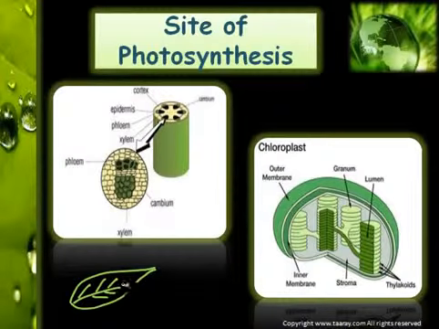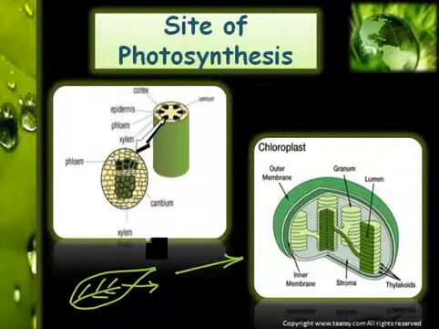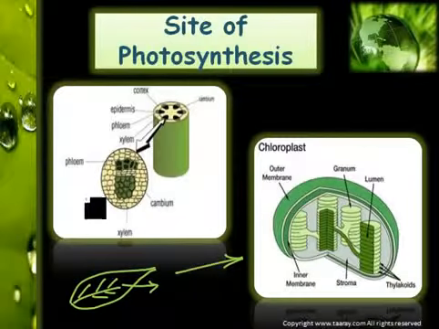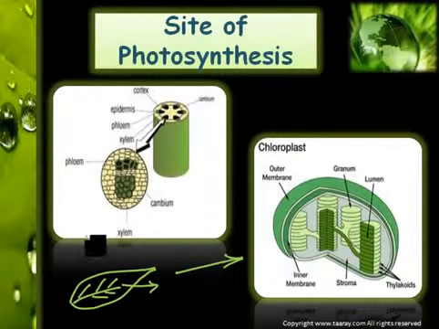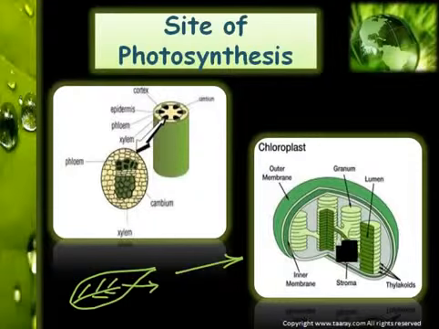Now the leaf has small structures called chloroplasts. These chloroplasts are the main organelles of plants which undergo photosynthesis, and they have the pigment called chlorophyll, a green colored pigment, and the green color of plants is due to this.